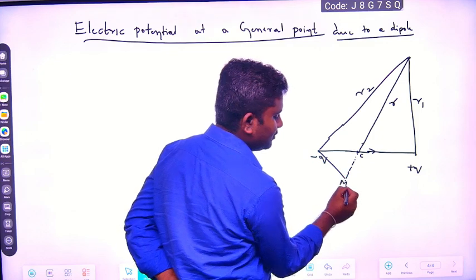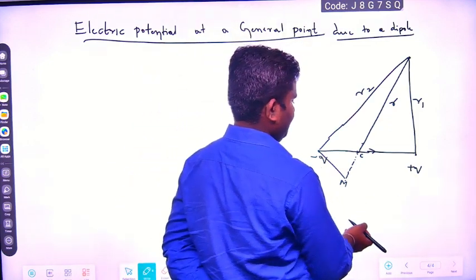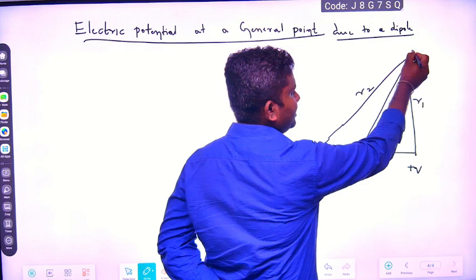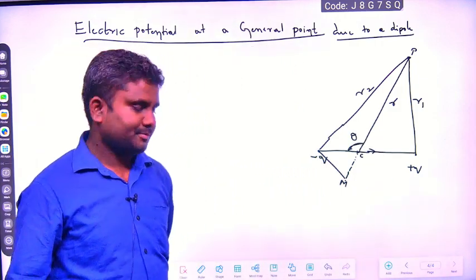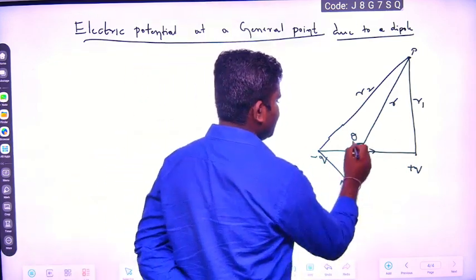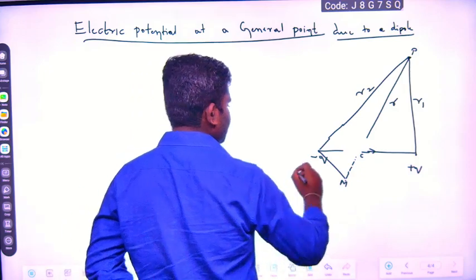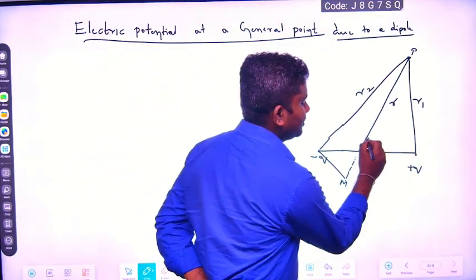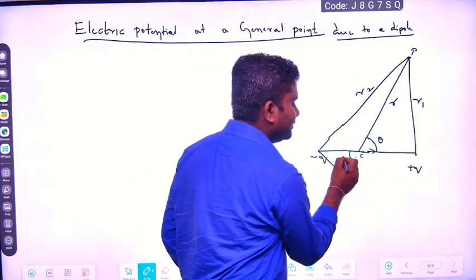I will write it as M. Now this point P is making an angle theta with the horizontal line, the dipole axis. If this is theta, this is also theta.